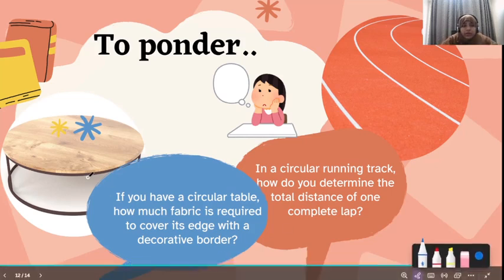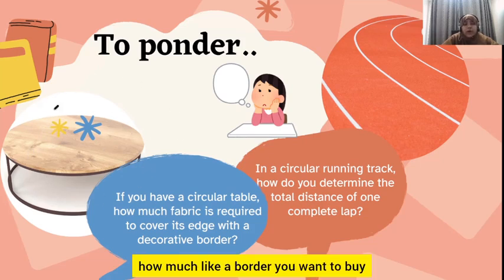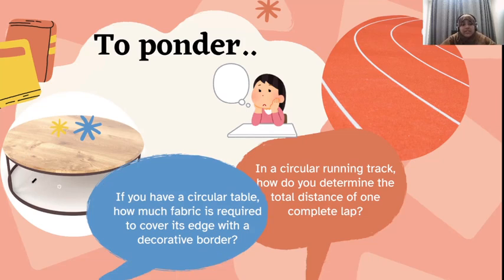You can consider any circular table that you have at home and find its circumference, so that you know how many meters of border cloth you want to buy to cover it.